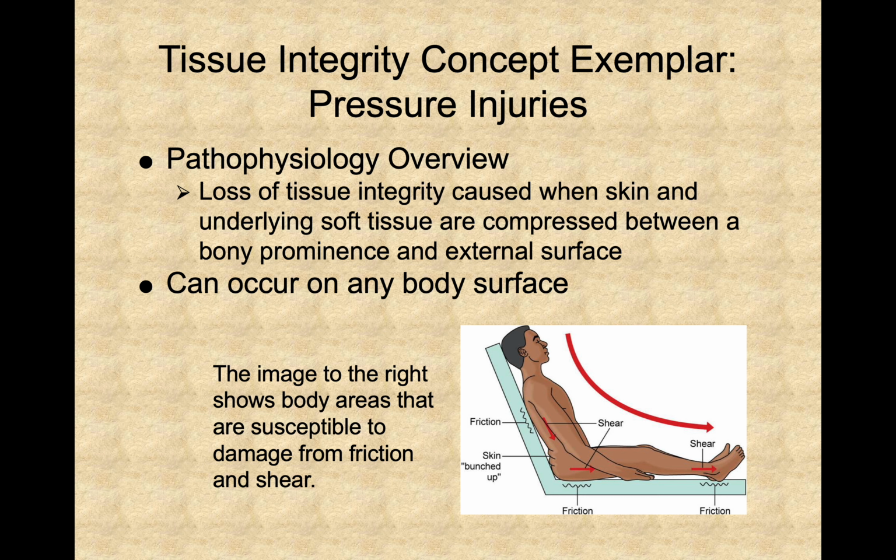These bony areas, elbows would be another one, are particularly prone because they also come into contact with a surface, and so we have those opposing forces, if you will, of that bony prominence that can promote internal rubbing of the tissue combined with the external force of the surface.